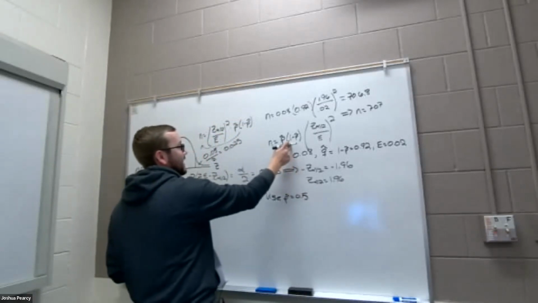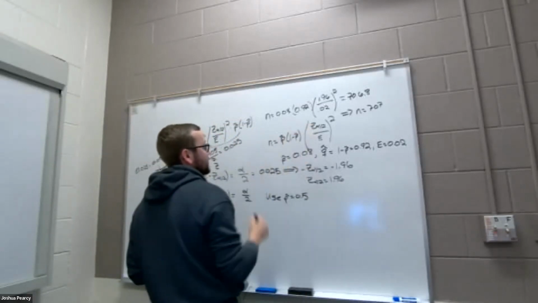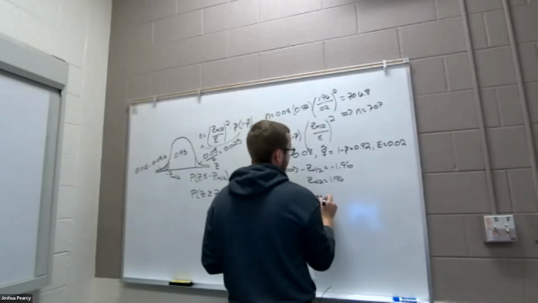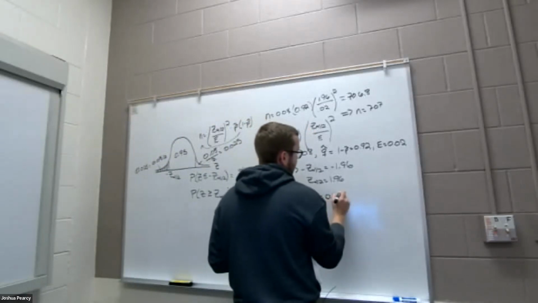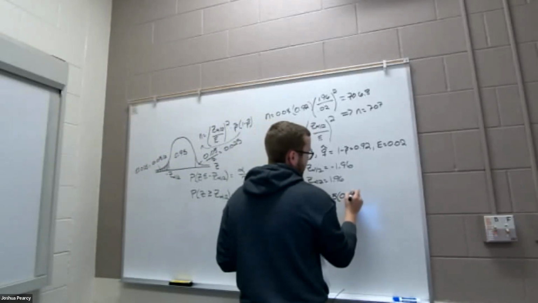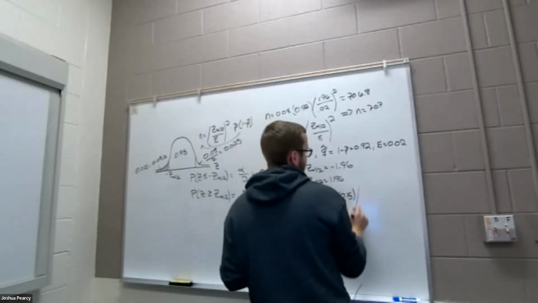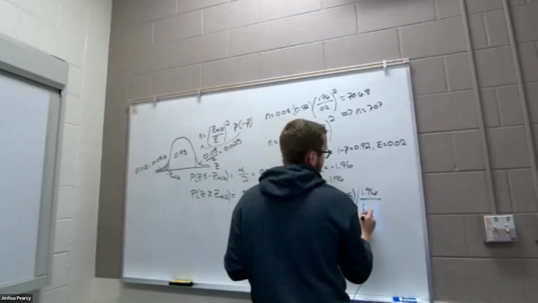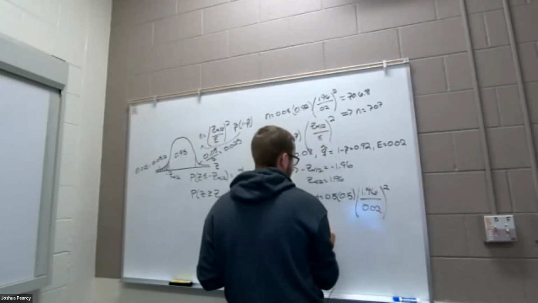Just plug that in here with the same z alpha over 2 and the same E. You'll get that n is equal to 0.5 times 1 minus 0.5, which is 0.5, times 1.96 divided by the error, 2%, squared.